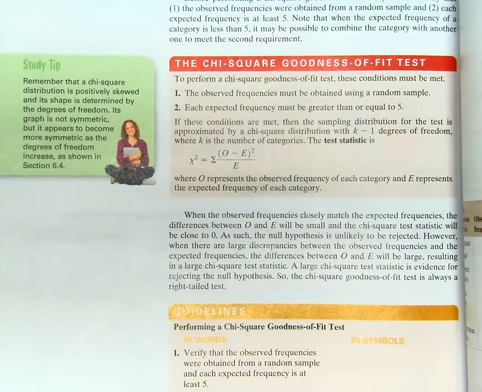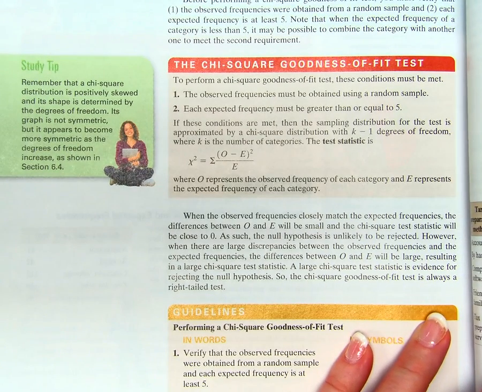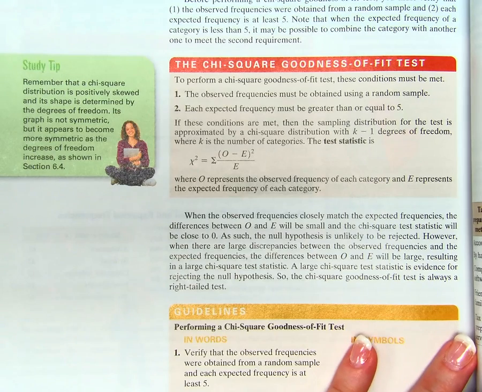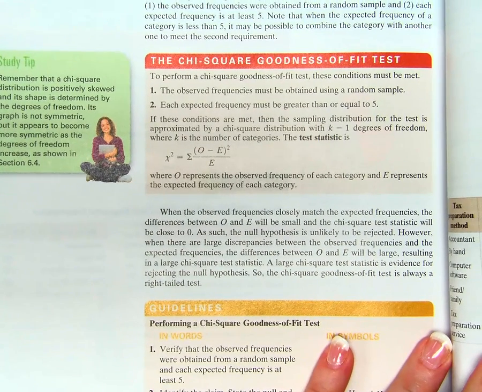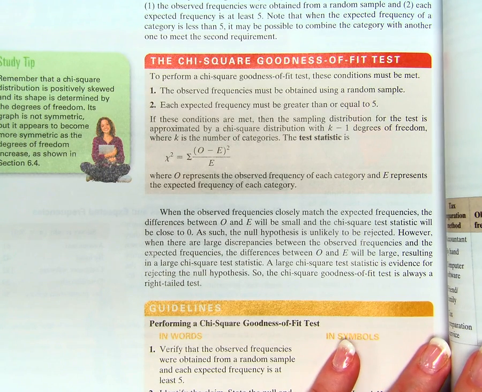That brings us to the chi-square goodness of fit test. To even start doing the chi-square goodness of fit test, two things must be true. Number one, the observed frequencies must be obtained using a random sample. If it's not a random sample, we can't do it.